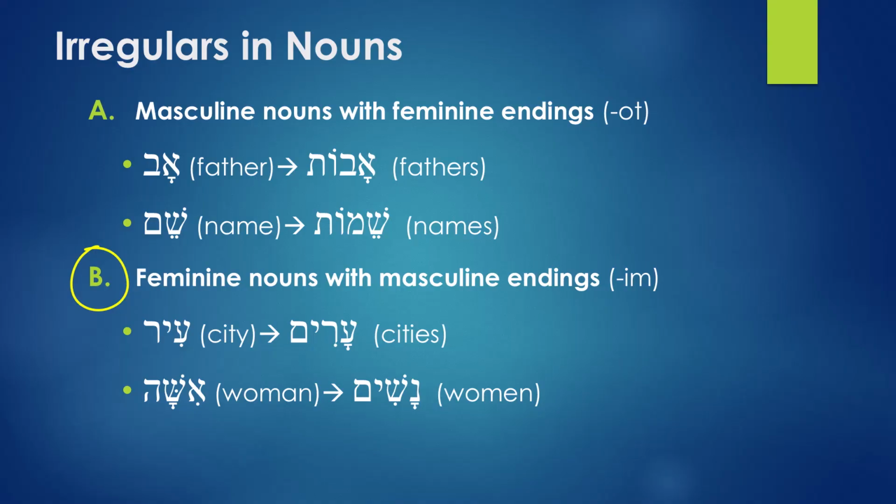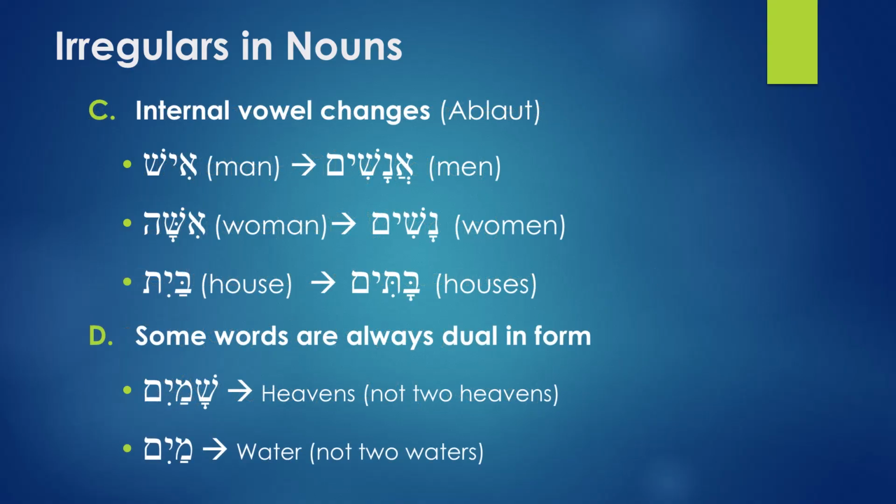Instead of taking feminine endings, it's taking masculine endings. So category number 1 are masculine nouns that take feminine endings. Category number 2 of irregular nouns are those nouns that are feminine, but when they pluralize, they take masculine endings.